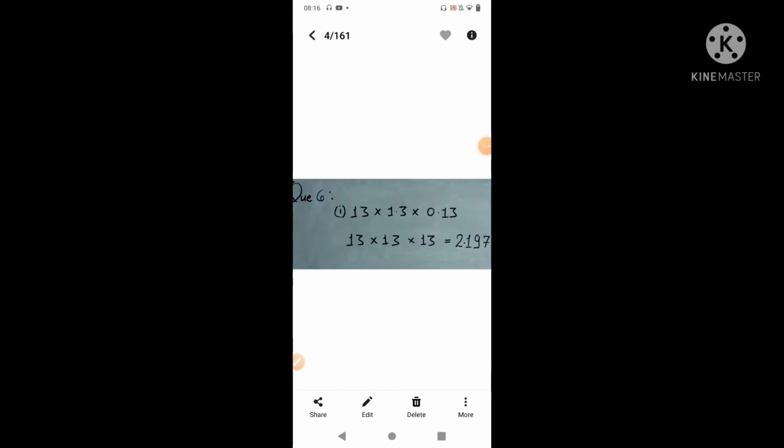Now come to question number 6. Here we need to multiply 3 decimal numbers, 13 into 1.3 into 0.13. First we will forget the decimal for a while. So it will be 13 and 13 and 13. The product will be 2197.